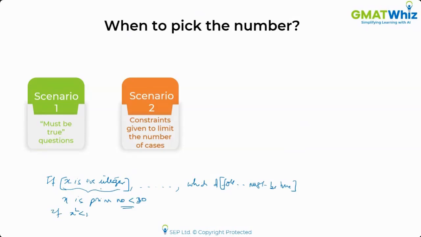If a certain constraint is given and you know there are a limited number of values to check, then it makes sense to pick numbers and solve the question very quickly. But keep in mind the number of cases should be limited. If the number of cases you are testing exceeds 5 or 6, it doesn't make sense, because you'll be taking a lot of time to plug in these values and check. So make sure you understand how many numbers you need to take and how many cases you are trying to check.